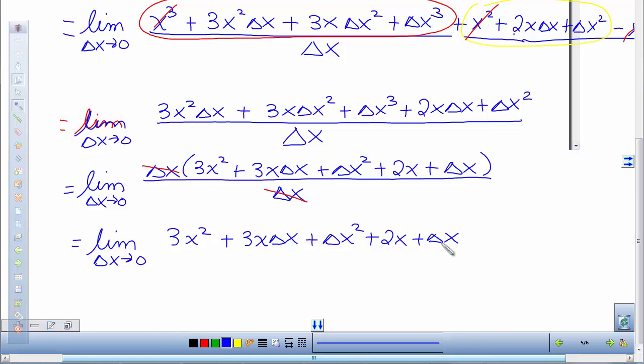Okay, and when I do, if I plug in 0 here and here and here, then I'm only left with 3x squared plus 2x. And that is our derivative. F prime of x is equal to 3x squared plus 2x.